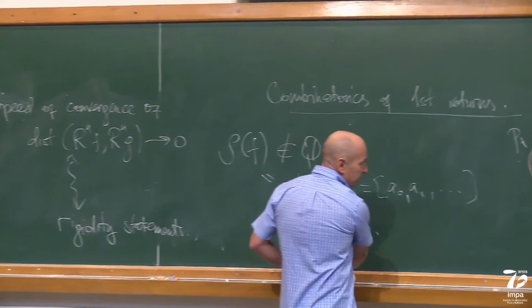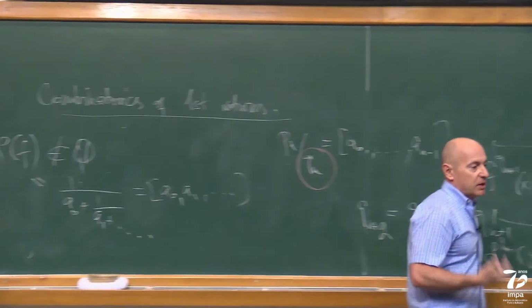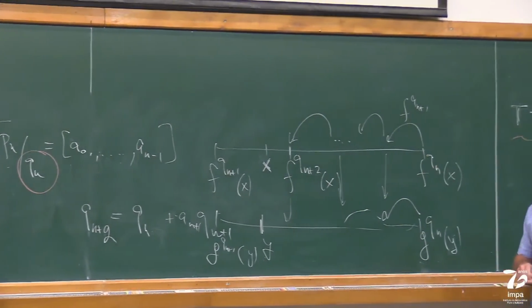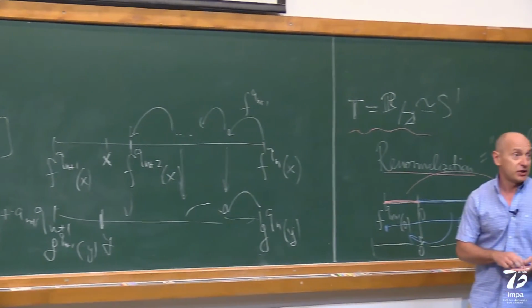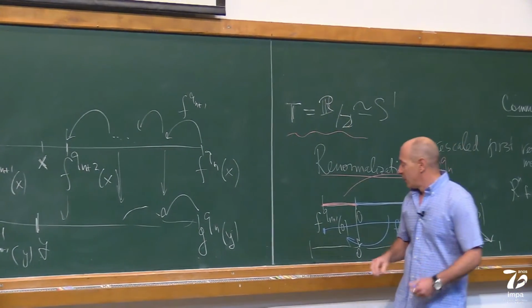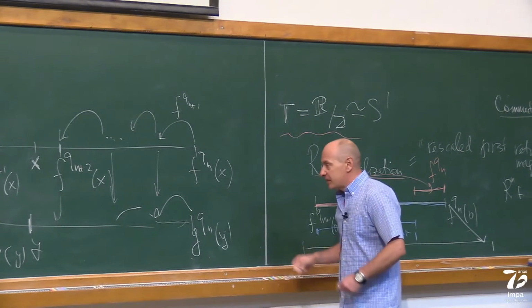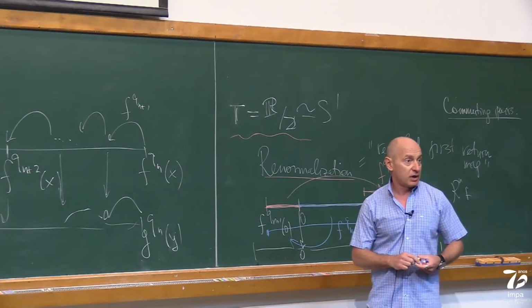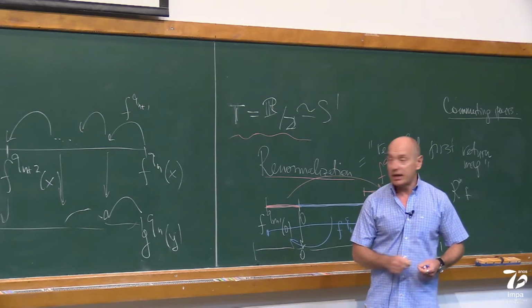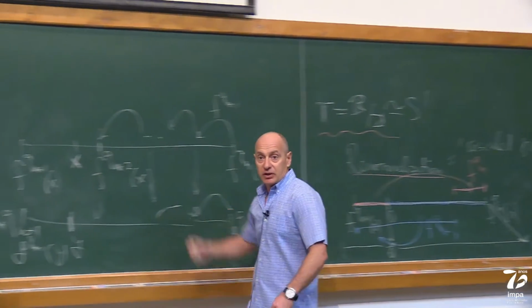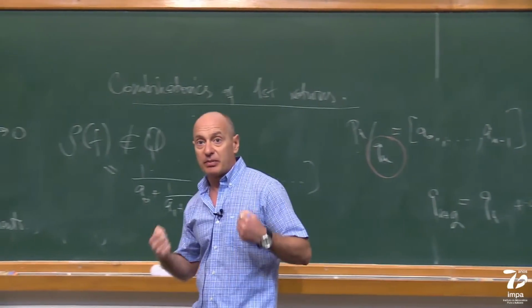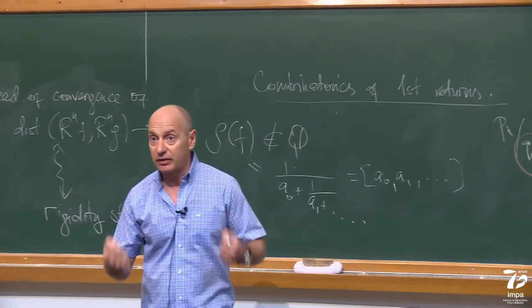Okay, so now comes sort of the main punchline. The main punchline is that it is actually extremely useful, as it turns out, in this subject to look at renormalization not just as a geometric procedure, comparing the geometry of first returns of the maps, but as an actual operator in some suitable Banach space, a Banach manifold of maps.